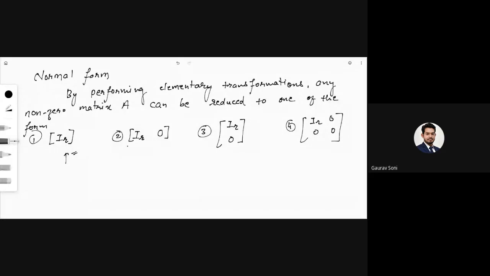If it turns out to be the second one, then I'll say the normal form of the matrix is this. So we will never be sure while starting our calculations which of the forms I will get. So I have to follow a certain procedure while doing that, and whichever it leads to, that will be our normal form.